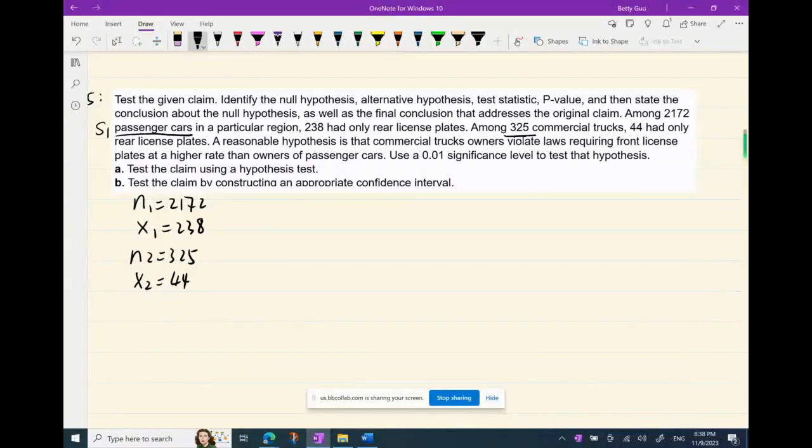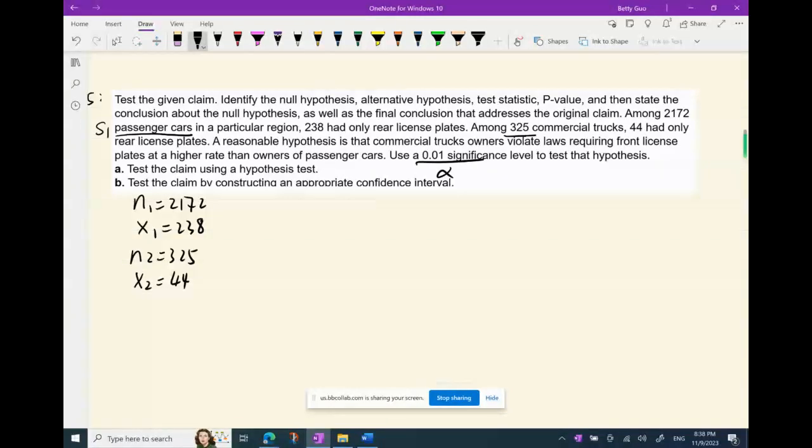A reasonable hypothesis is that commercial truck owners violate laws requiring front license plates. Okay, so that means the state requires both front and rear plates, and truck owners violate at a higher rate than owners of passenger cars.